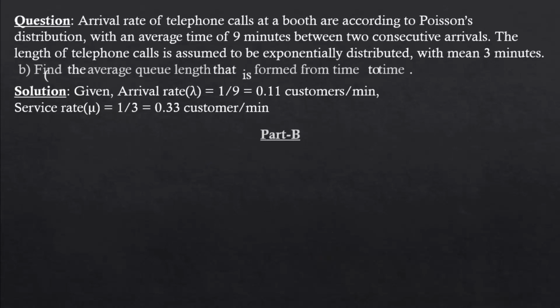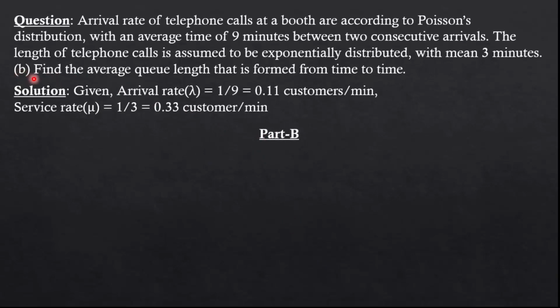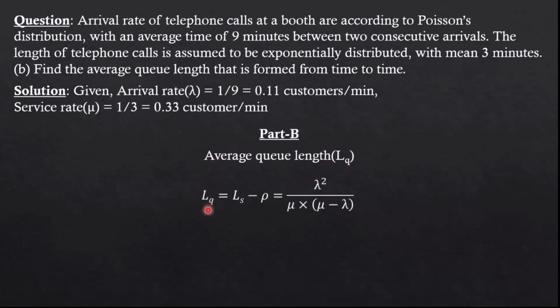Now let us move to the second part, part B, where it has been asked to find the average queue length that is formed from time to time. Now we need to find the average queue length, which is given by LQ, and we know that LQ is equal to LS, that is length of system, minus rho.